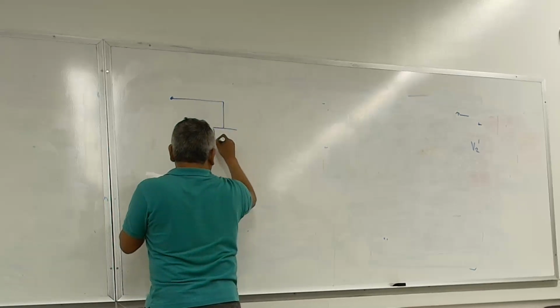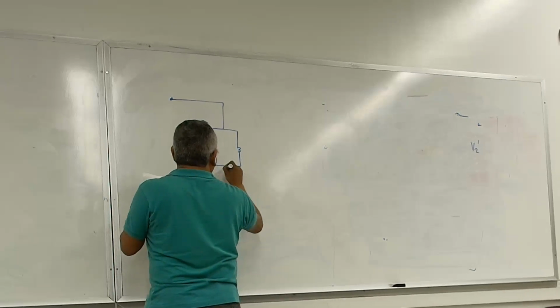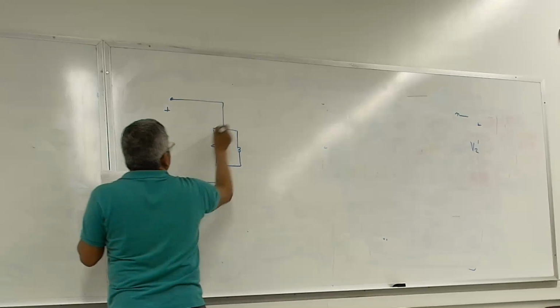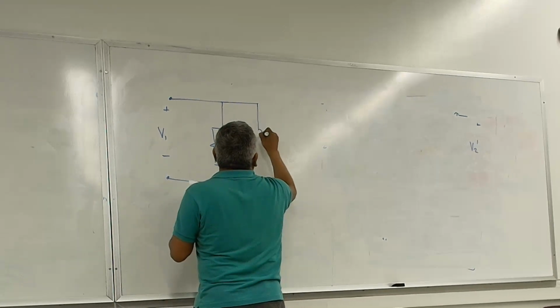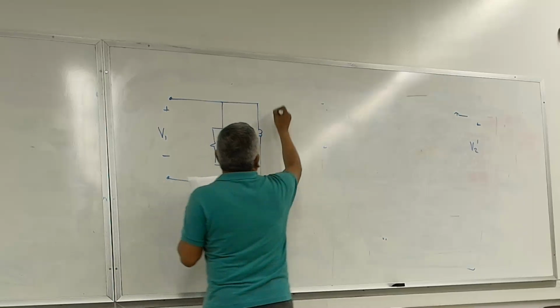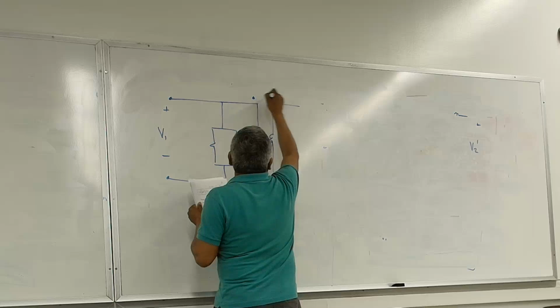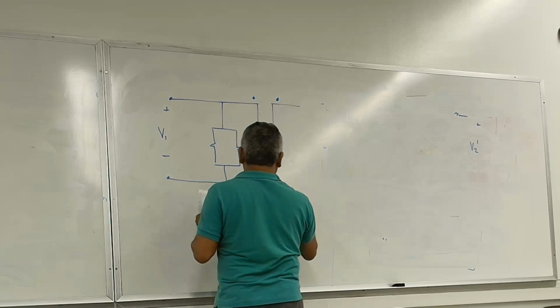Again, I'm leaving the magnetizing branch on the primary side. I'm not moving it. V1 plus minus. This is my ideal transformer piece. My polarity marks, N1, N2.